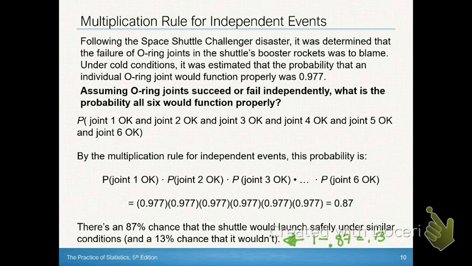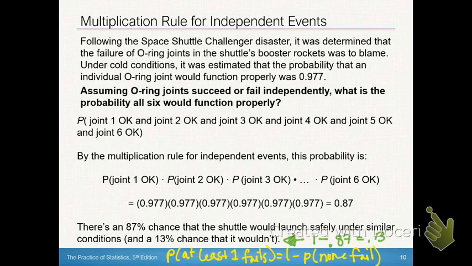Now if there's an 87% chance that they all work appropriately and the shuttle launch is successful, then if I subtract that from 100%, that means there's a 13% chance that it wouldn't work. Now that means there's a 13% chance that at least one of those O-rings would fail. So that's kind of a trick for you here. If you ever have a problem that's worded that way, what's the probability that at least one O-ring fails?